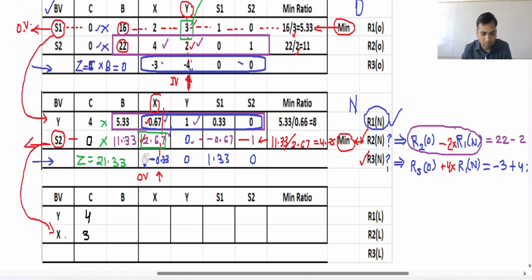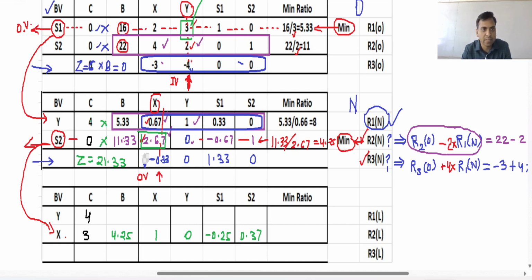On dividing by 2.67, you will see this quantity 11.33 divided by 2.67 as 4.25, and this quantity as 1. Now this 0 upon 2.67 is 0, this 0.67 upon 2.67 and this last quantity you will get 0.37.